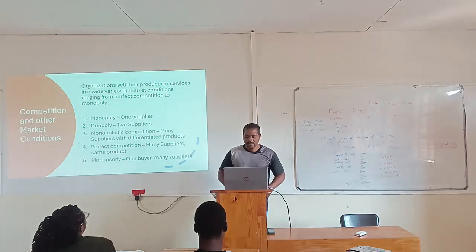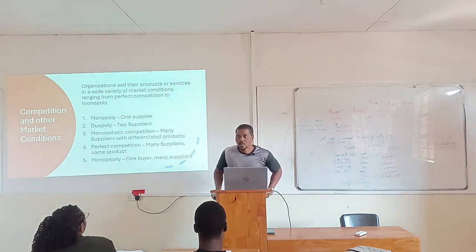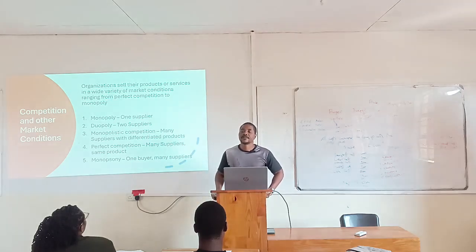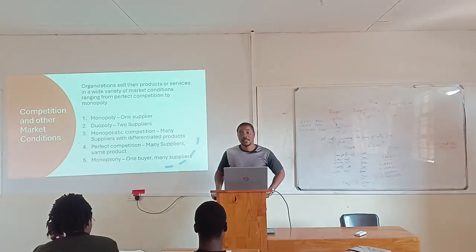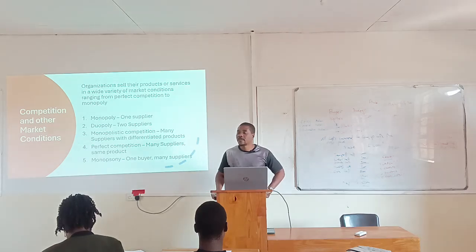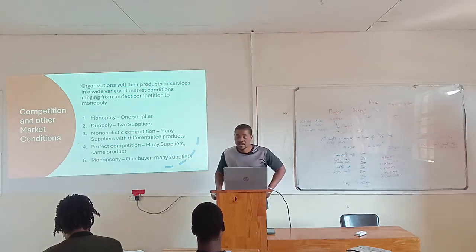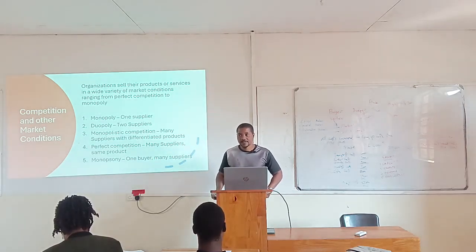So many suppliers, the farmers, and one buyer who is cold storage. But we also have Ekaya as buyers from farmers. We also have Nyama World as buyers. We also have Sana, the open butchery, they buy.